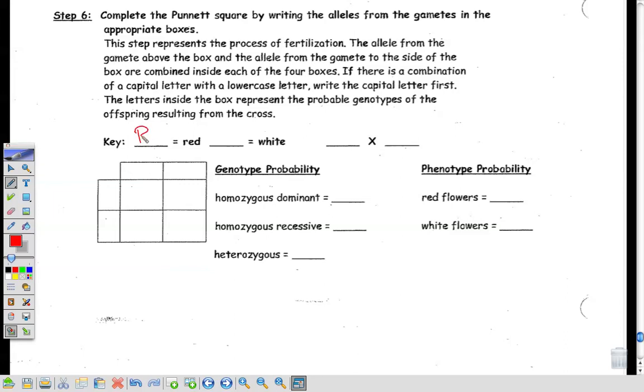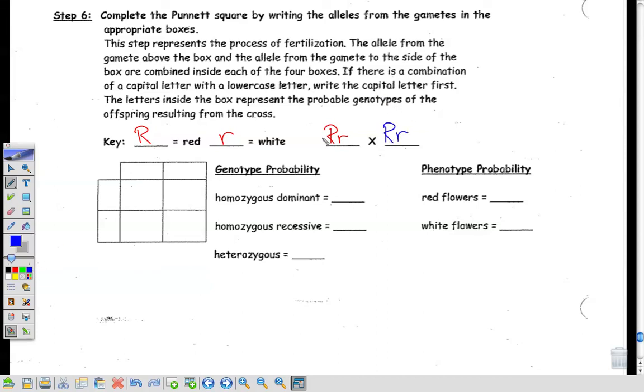So remember, a capital letter for our dominant trait, a lowercase letter for our recessive trait. Our parents are both heterozygous, so it's going to be heterozygous crossed with heterozygous. I'm going to keep my color scheme going.